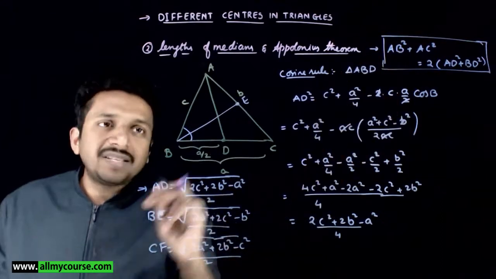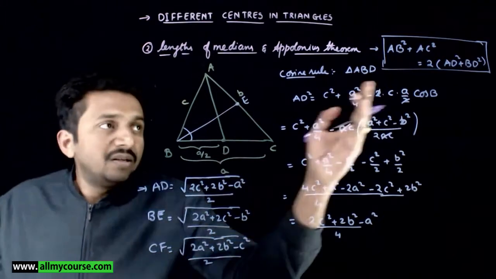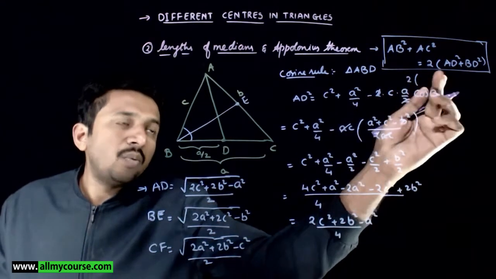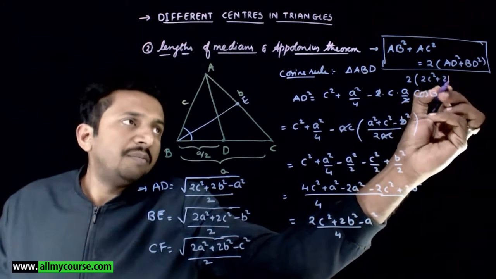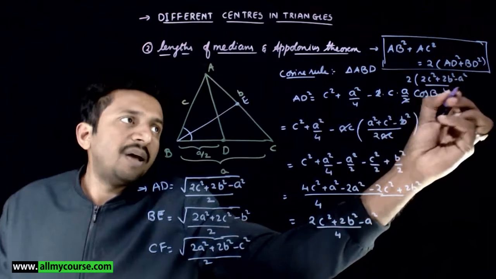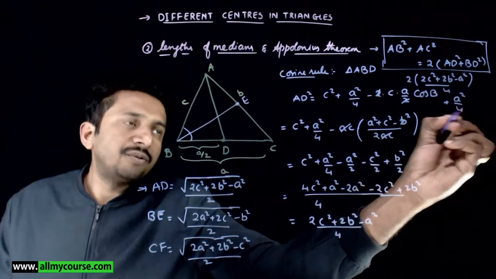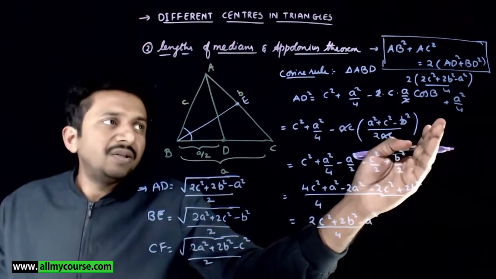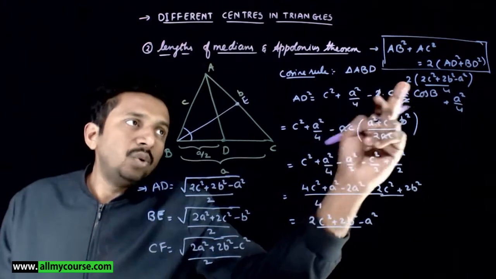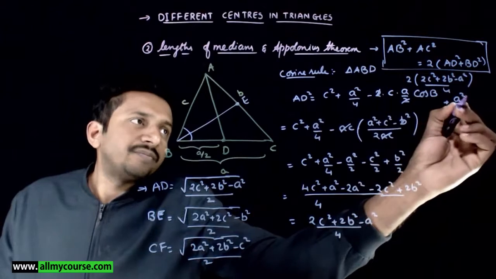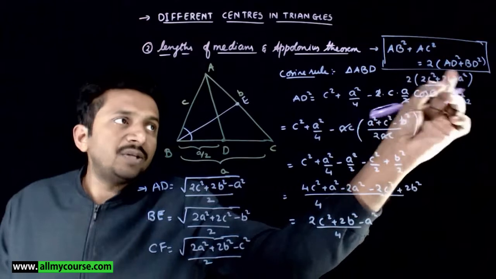AB square plus AC square is nothing but b square plus c square. The LHS is b square plus c square. The RHS is 2 times, what is AD square? AD square is 2c square plus 2b square minus a square by 4, plus BD square, which is nothing but a square by 4. So if you simplify this, you'll just get the value of b square plus c square. So 2 times AD square plus 2 times BD square.